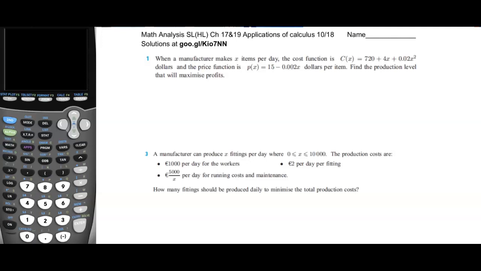These business problems assume that you know a little bit about the terms cost, price, and sales. Just to make it clear, cost is what the company pays to make it.